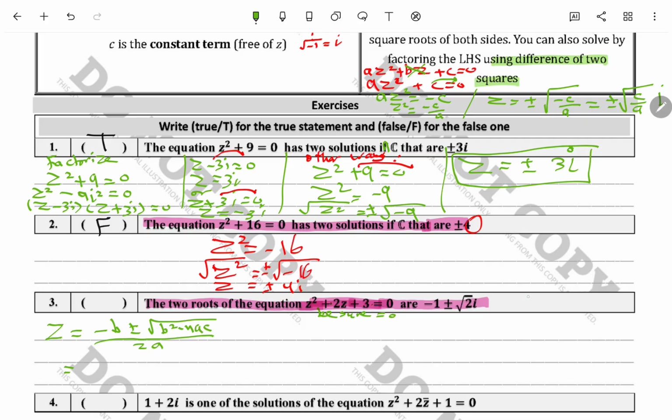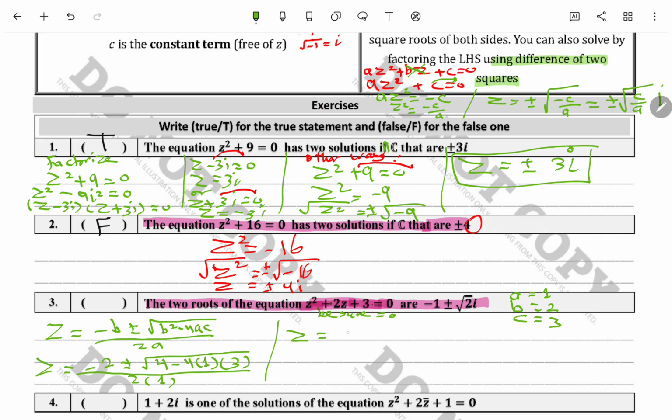Let's think about them. a is 1 and b is 2 and c is 3 from the equation. Now let's replace them. z equals negative 2 plus and minus square root of 2 squared, which is 4, minus 4 times 1 times 3. Close your bracket and divide all by 2 times 1.